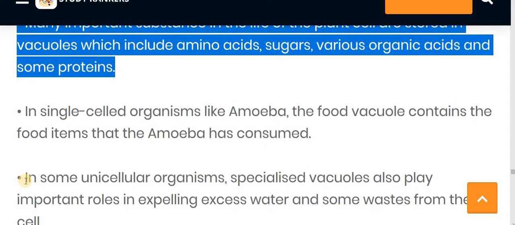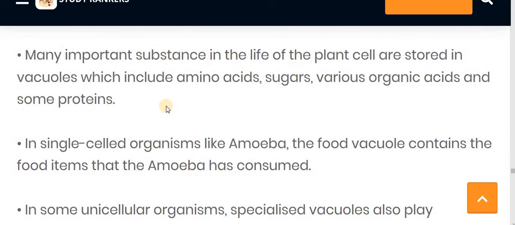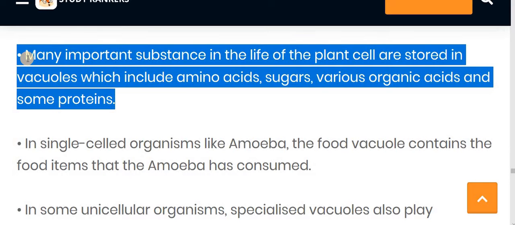Another function is that many important substances in the life of the plant cell are stored in the vacuoles. Whatever substances are required for biochemical processes are stored in the storage sac, that is, the vacuoles. Which kind of substances?